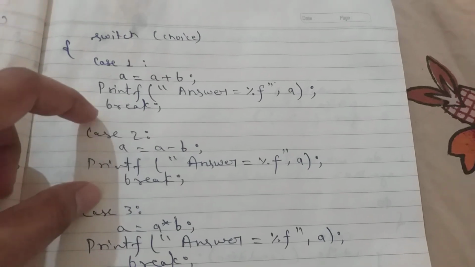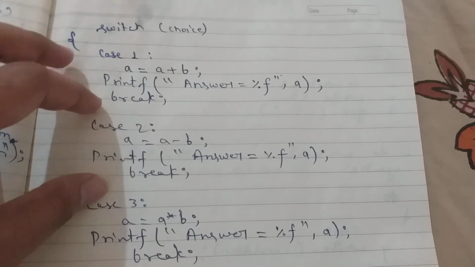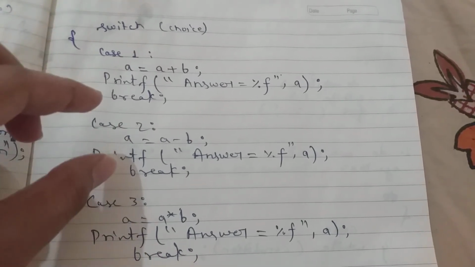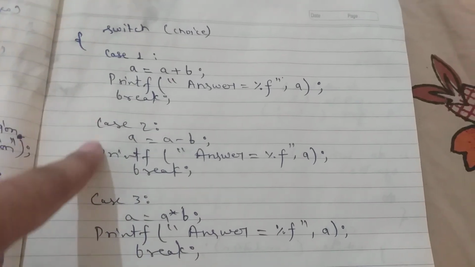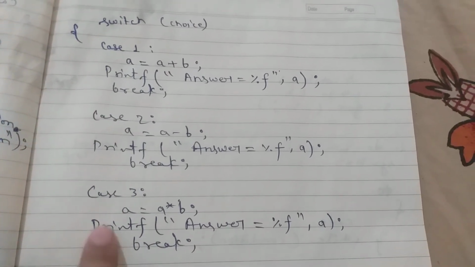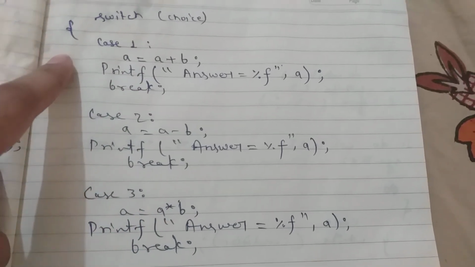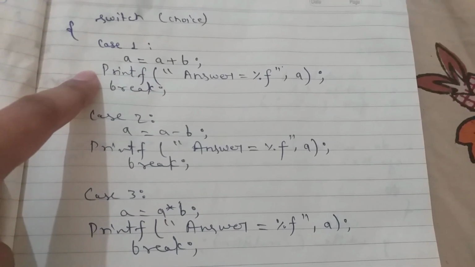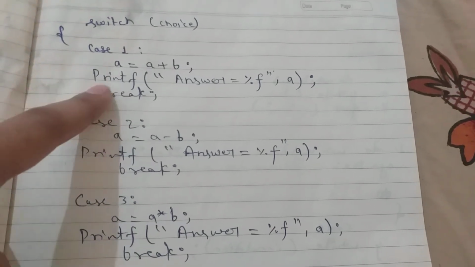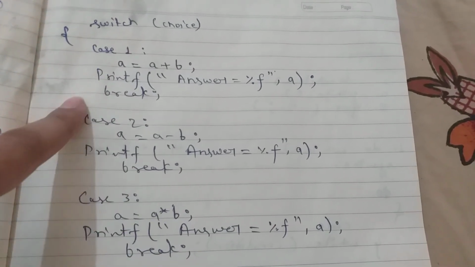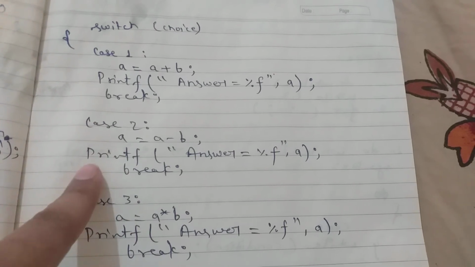Break. Why do we use break here? Because if we don't use break, then all of the statements will run consecutively, and we don't want that. We want that in any step only one operation should be done. More than one should not work simultaneously.